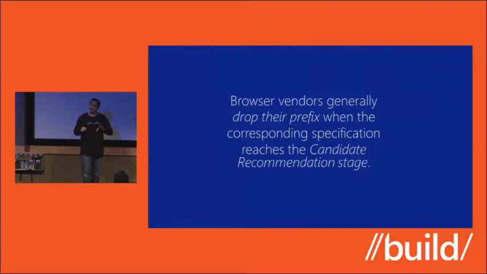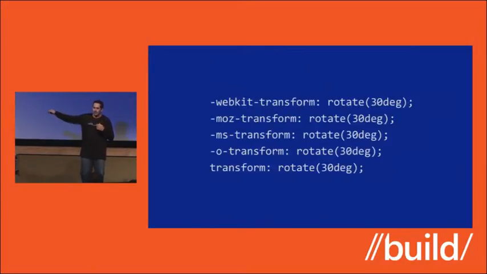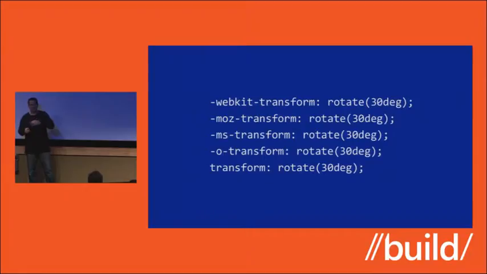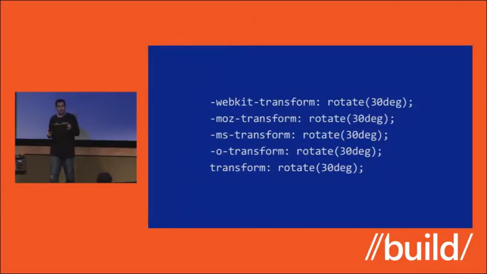Now, typically what ends up happening is that after a while, once everything's vetted out and things are looking good, browser vendors are supposed to drop the vendor prefix. So the right way of specifying your code is something like this. Go ahead and experiment all you want. Do a -WebKit, -Moz. Make sure you use this. Specify the non-prefix version. Because what will happen is if the browser doesn't support the non-prefix version, it's going to ignore it anyways.